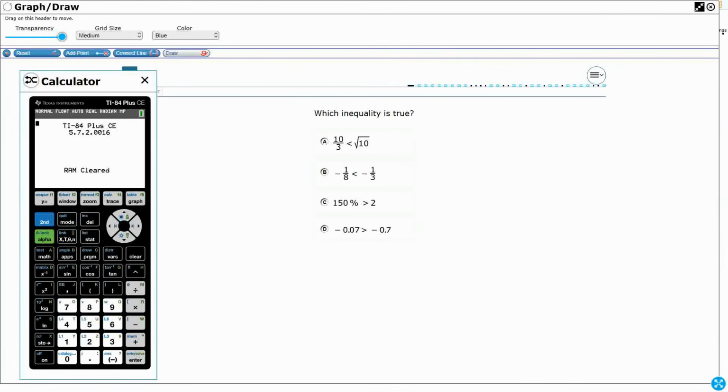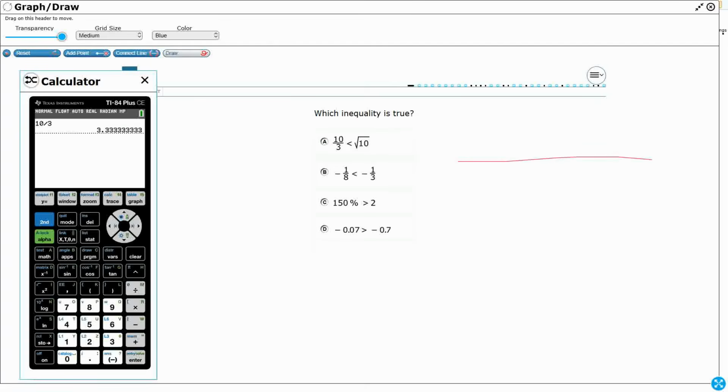I'm going to make everything a decimal. So that's my 0. This is going to be my 10 thirds, or 3.3 repeating. And this is supposed to be less than square root of 10.